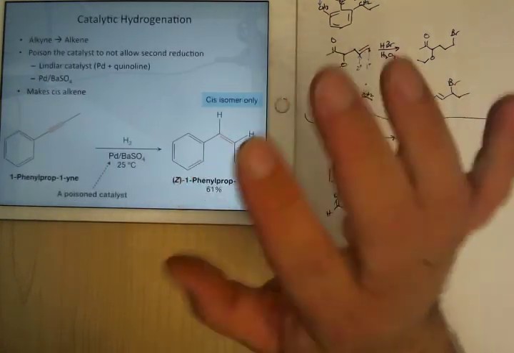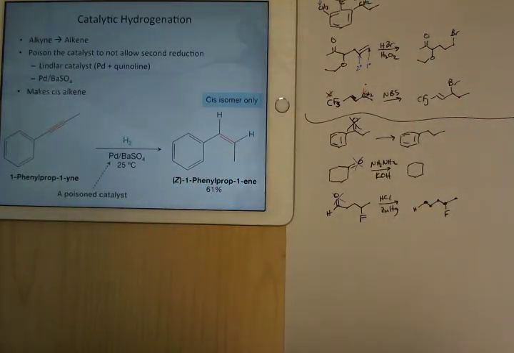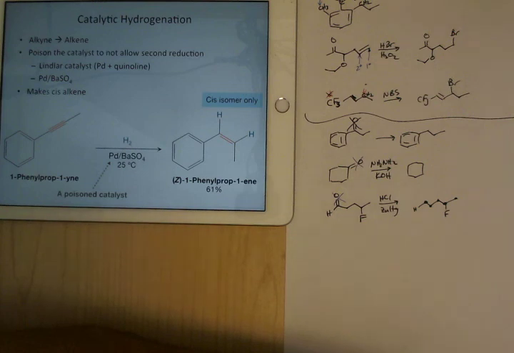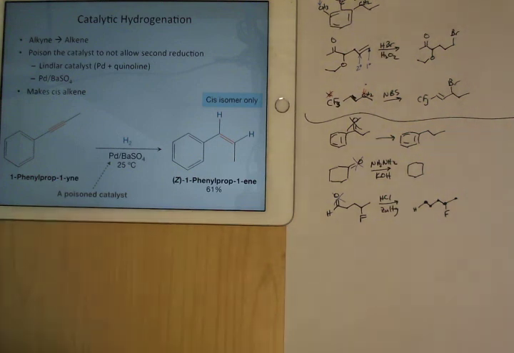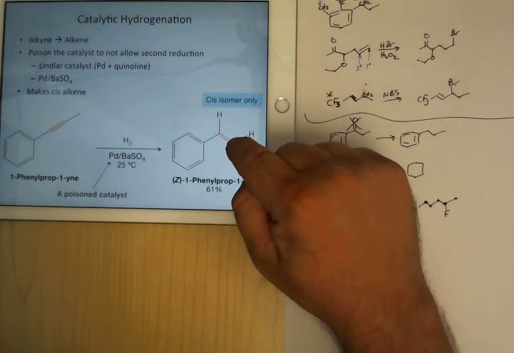Now the question becomes, if you want to just stop at the alkene, how do you do it? What you do is poison the catalyst, so that the first step, making the alkene, can go, but the catalyst is not good enough to allow the second reaction to occur, and so it stops at the double bond.